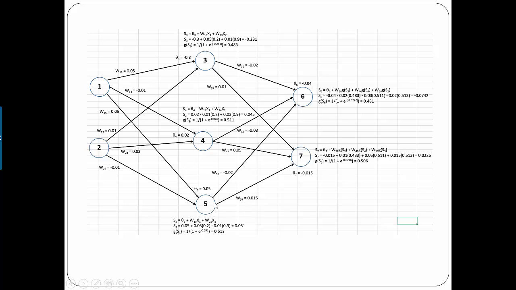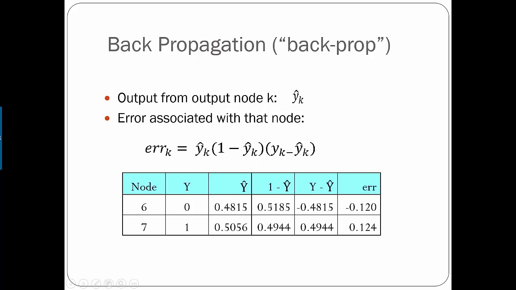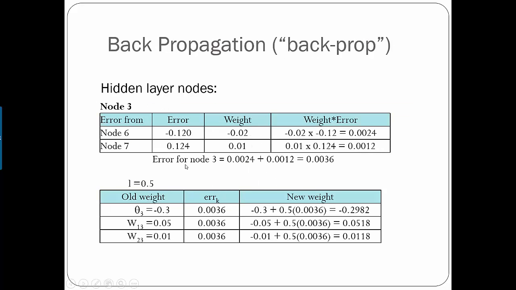And same here for 4 and 5. You multiply the error with the weights, and then you get the error for nodes 4 and 5. So let's take node 3. We have the error of node 6 and 7, multiply the weight with the error, and add them up, and you get the error for node 3.